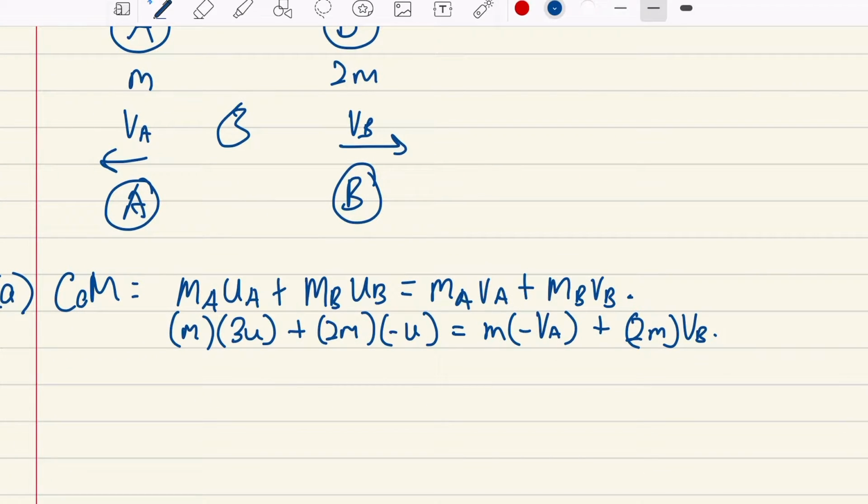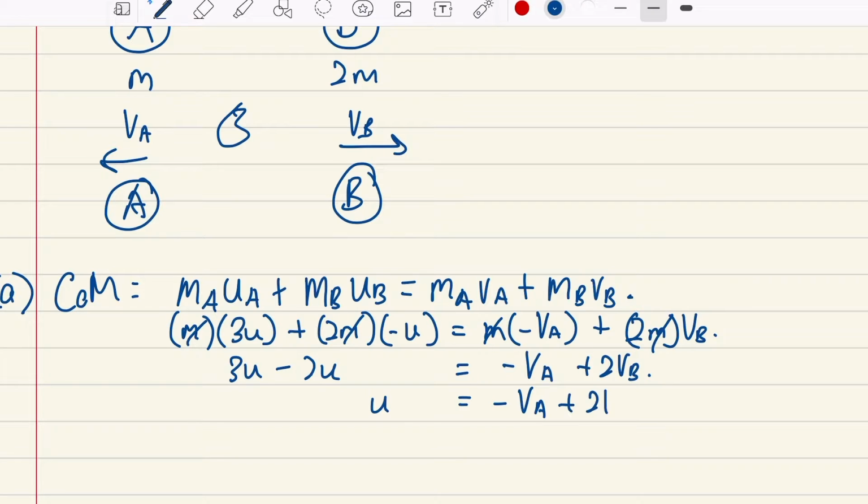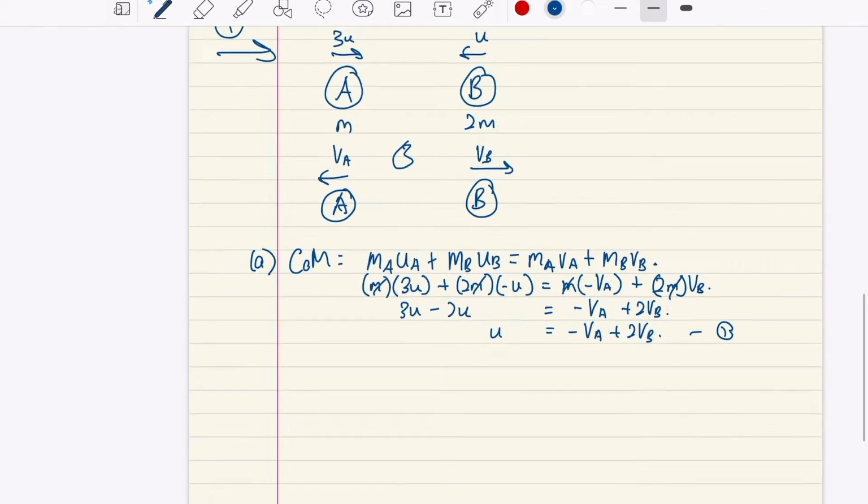We can eliminate the m, so we get 3u minus 2u equals minus VA plus 2VB. So u equals minus VA plus 2VB. This is our first equation.